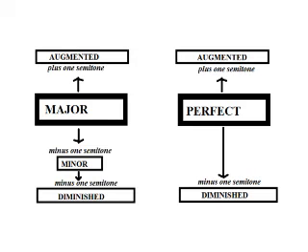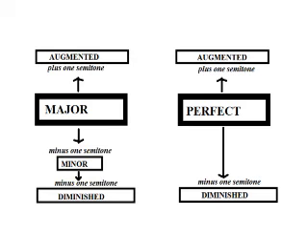Major plus one semitone will give you augmented. You need to keep that in mind: major minus one is minor, minor minus one is diminished, but major plus one is augmented. That's on the side of major. On the side of perfect, perfect plus one is augmented, perfect minus one is diminished.